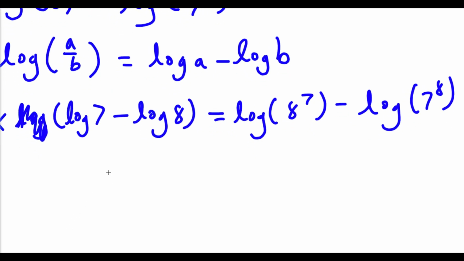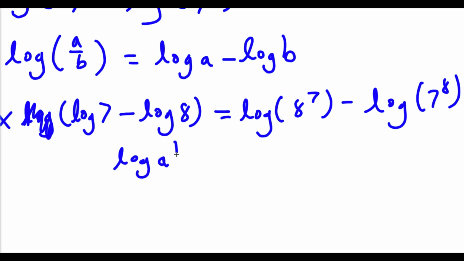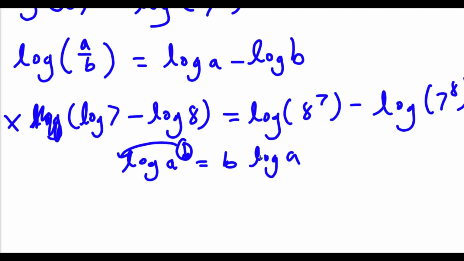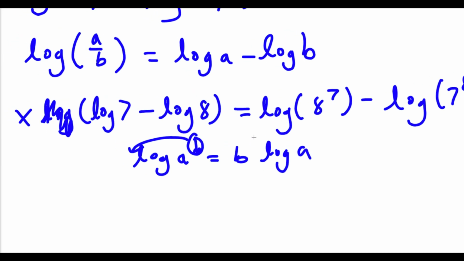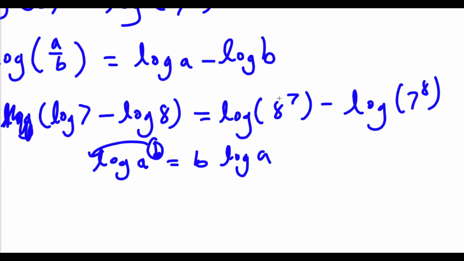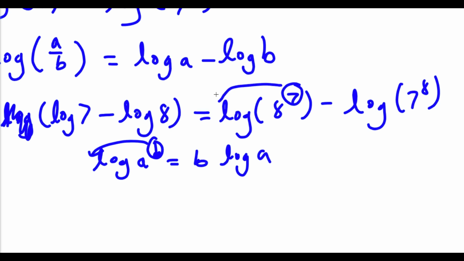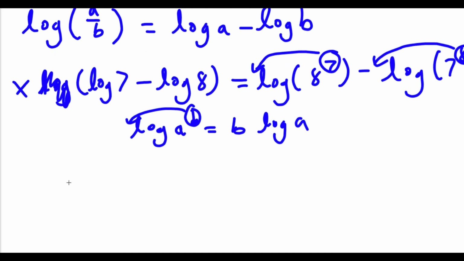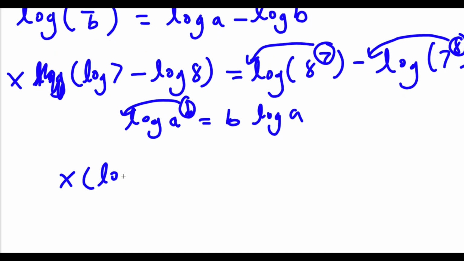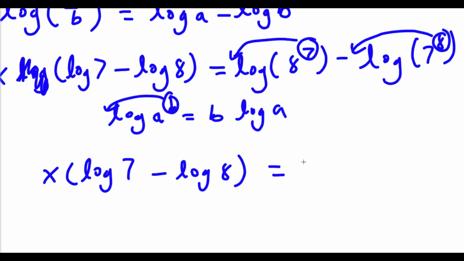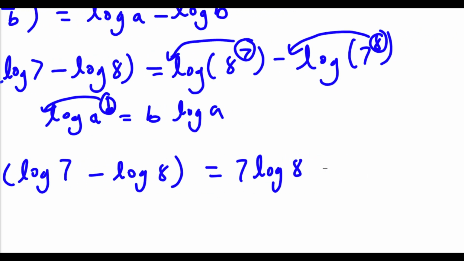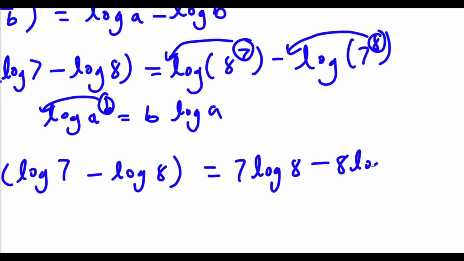So now if I have something in the form log a to the power of b, again, I can move this exponent b to the front, so it's b times log a. So for log of 8 to the power of 7, I can move the 7 to the front, and same with log of 7 to the power of 8, I can move the 8 to the front. So now I have x times log 7 minus log 8, which is equal to 7 log 8 minus 8 times log 7.